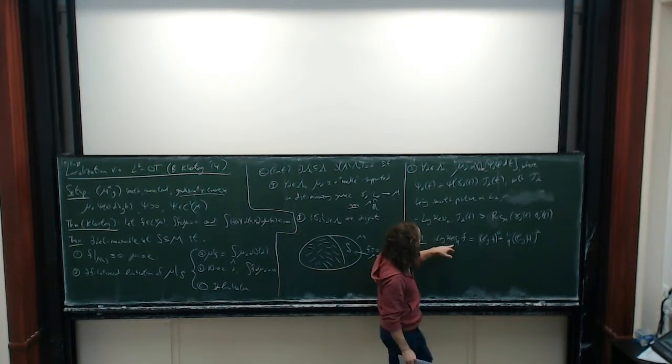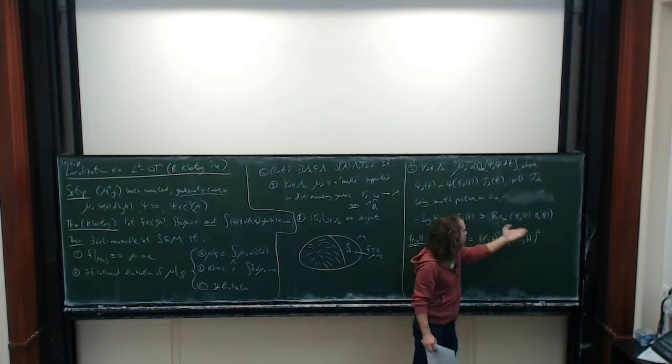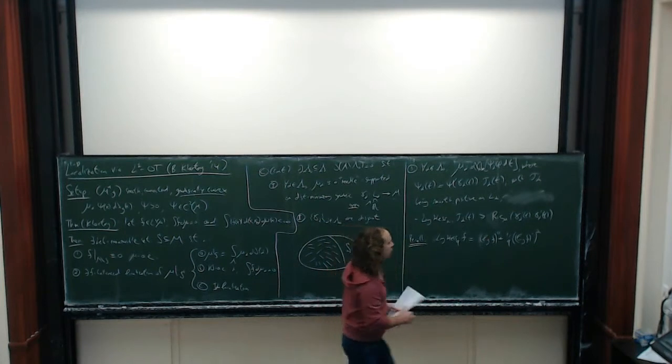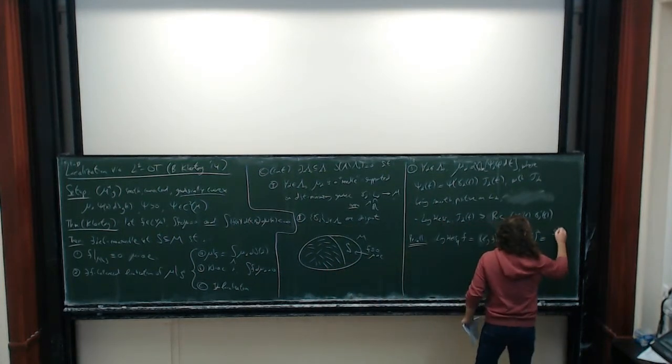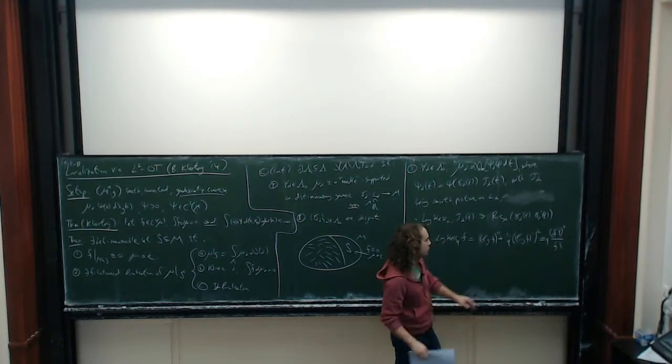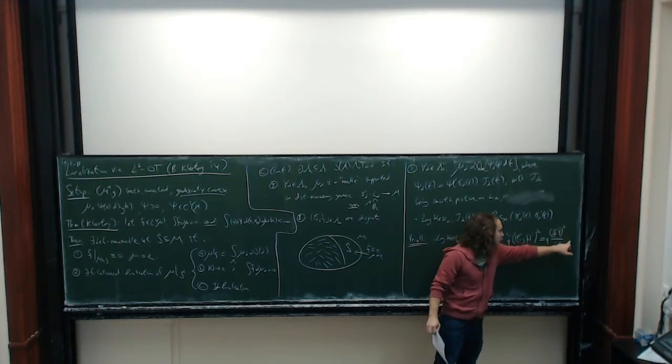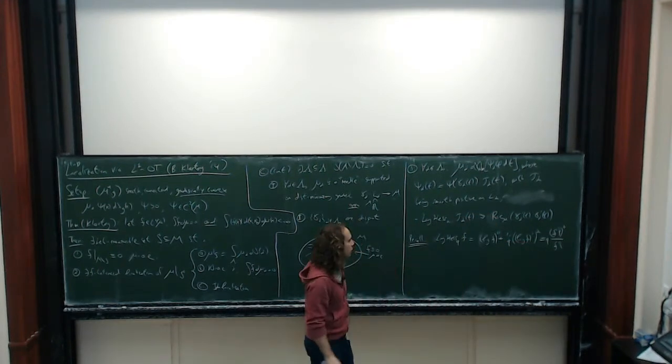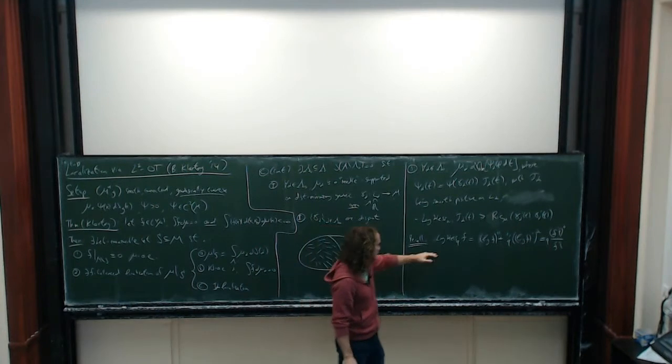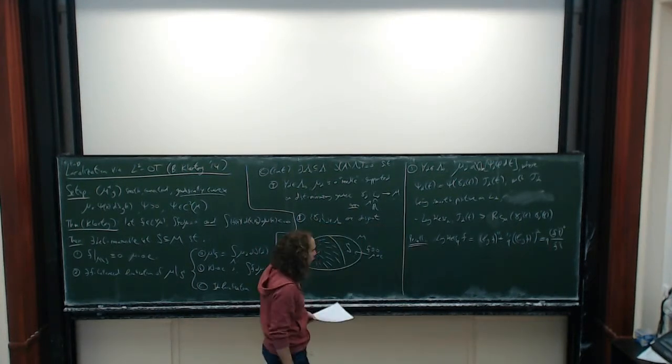So indeed, this minus 1 Hessian being non-negative means that the function to the power of 1 over q is concave. This is a completely equivalent definition of the logarithmic Hessian.